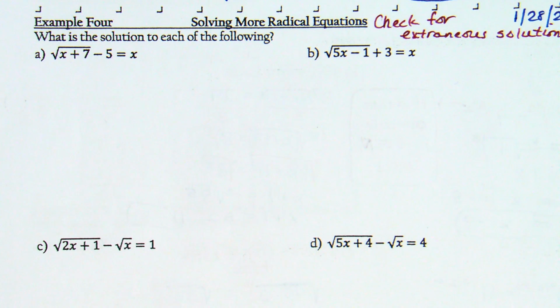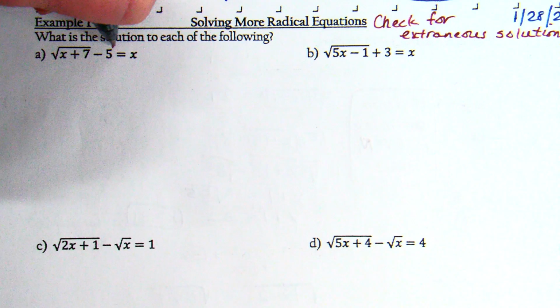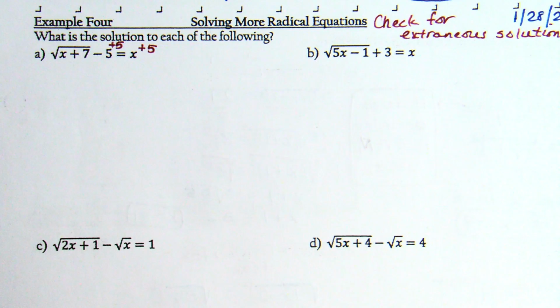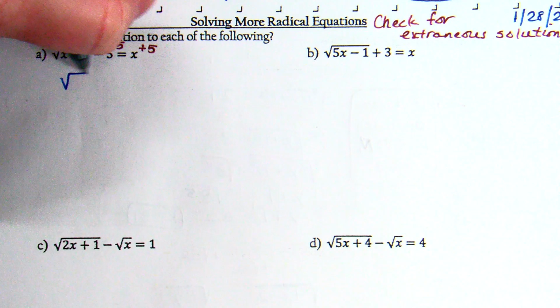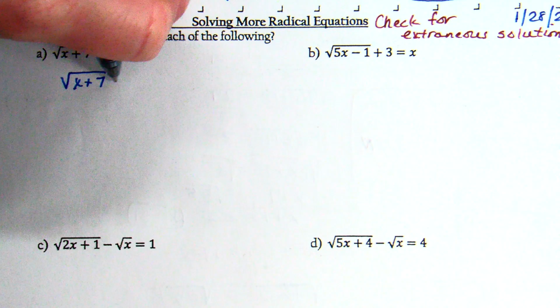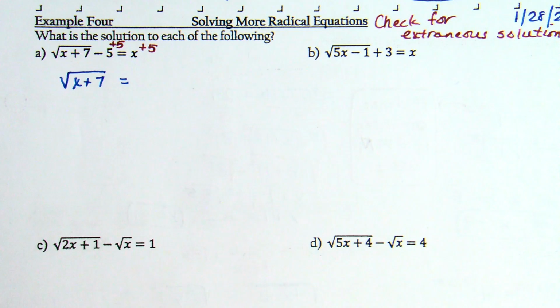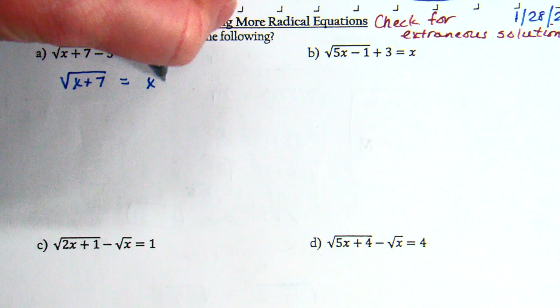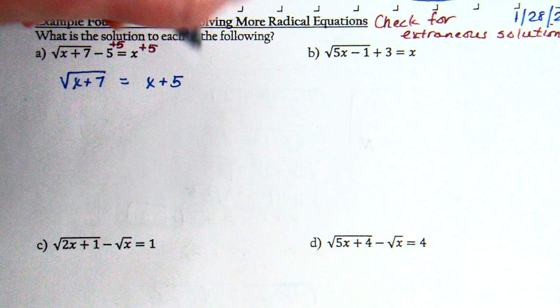The minus 5. How do I move a minus 5? Add 5 over. So now I'm going to have the square root of x plus 7 equals x plus 5. Just like yesterday, isolate the radical.